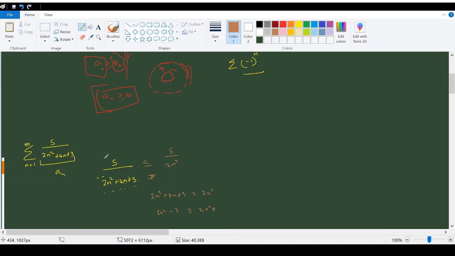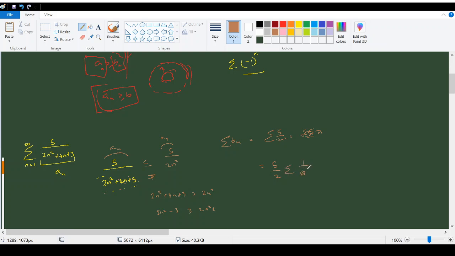So we can consider this as our an and this as our bn, right? And you can see that the sequence bn can be written as 5 over 2n squared, and here I will write it properly, 5 over 2 sigma 1 over n squared.